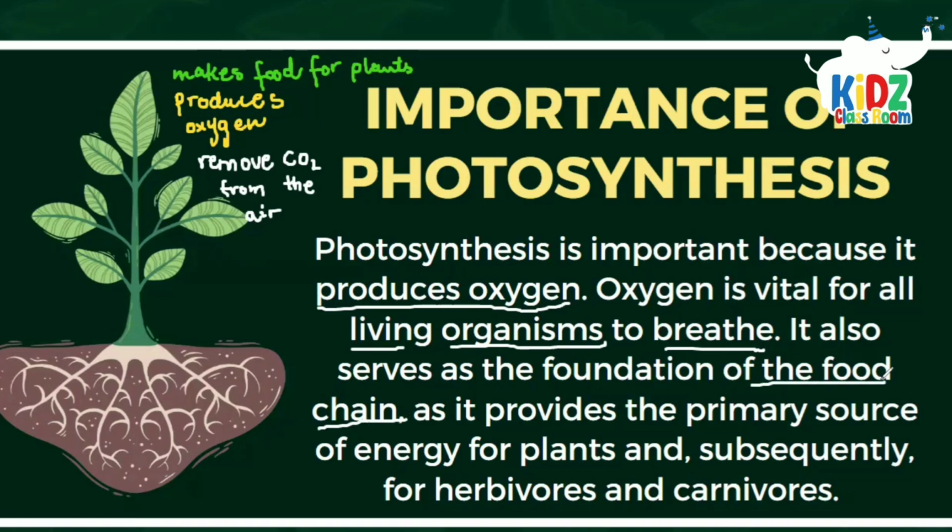Yeah, it's the start of the food chain. And energy for plants, and subsequently for herbivores and carnivores, right? So photosynthesis is important because it makes food for plants, produces oxygen, and removes CO2, which is carbon dioxide, from the air, which helps regulate Earth's climate.